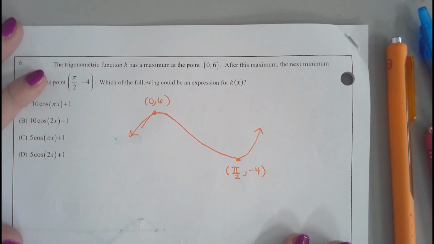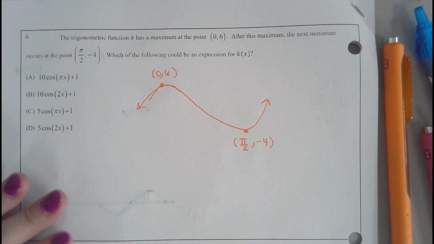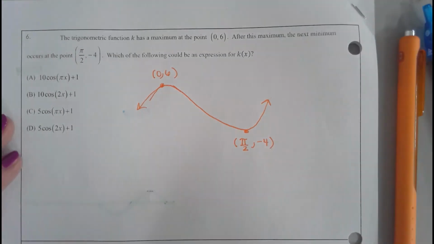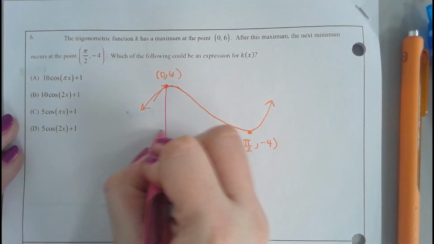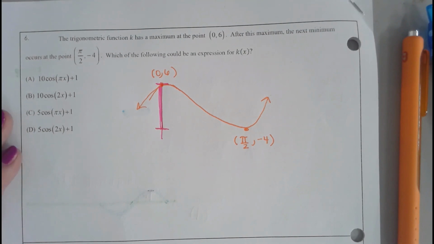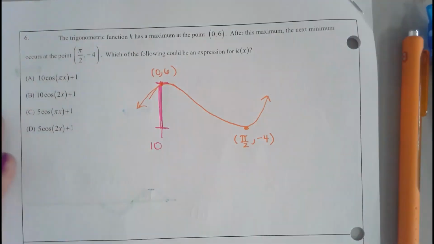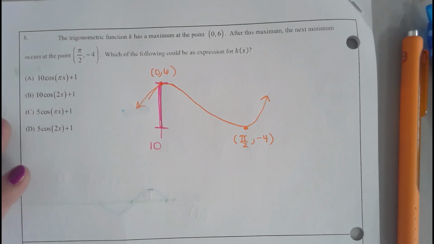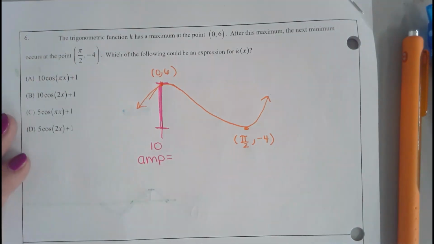The other questions, I like to start with the amplitude and the midline. I think it's easier that way. So this entire distance from the whole top to the whole bottom, what is that whole distance? 10. Okay, but remember the amplitude is half of that. So the amplitude is what? 5.